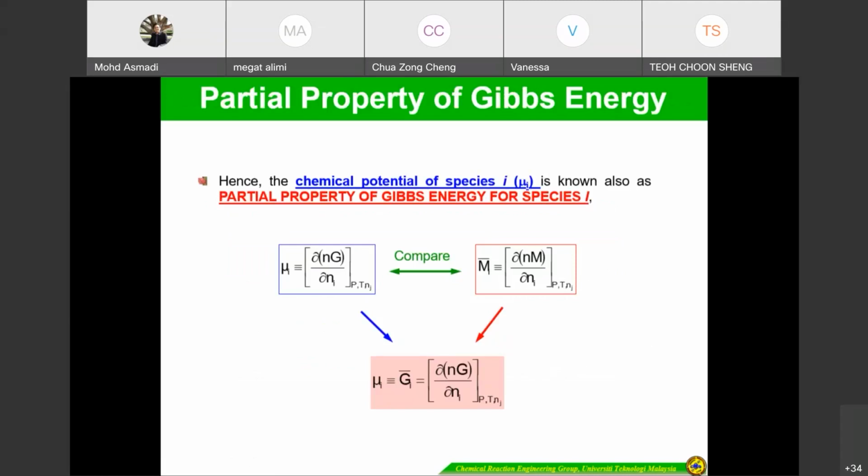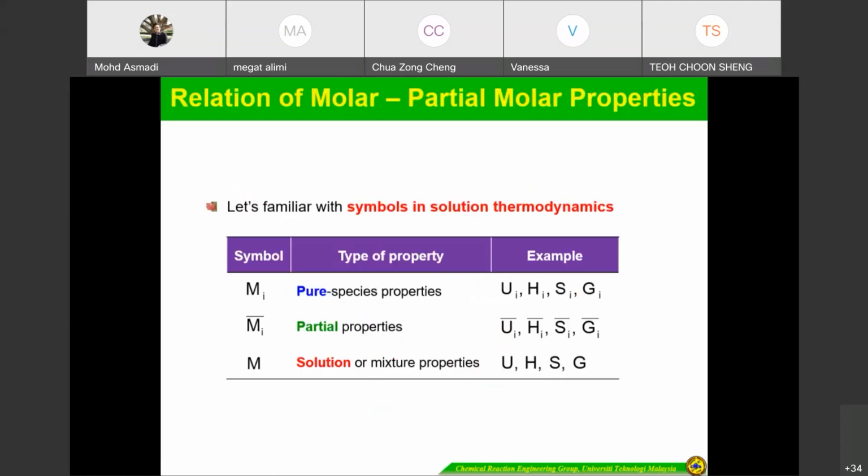Generally, for the relationship of molar and partial molar properties: Mi is the pure species property, this one is the partial property, and M is the solution property.